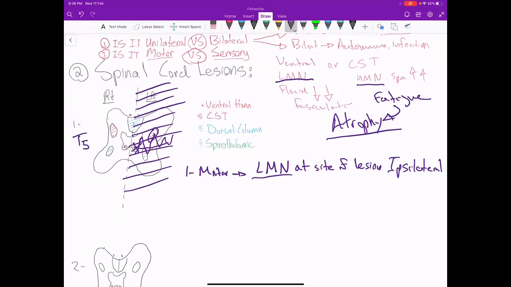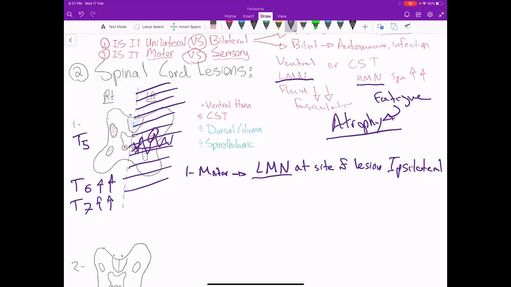So now below T5 at T6 and T7, what are we gonna have? Are the ventral horns okay or are they damaged at T6 and T7? They're perfect, they're fine. But the corticospinal tract above was destroyed, so we don't have inhibitory signals. So guess what? T6 and T7 are going to be overstimulated because there are no inhibitory signals from the corticospinal tract.